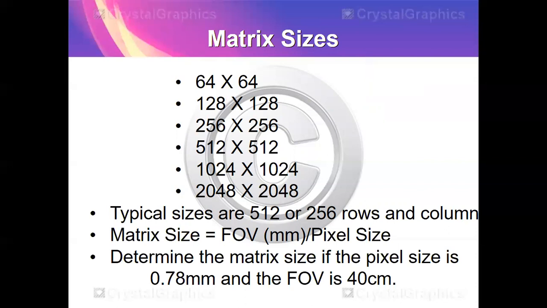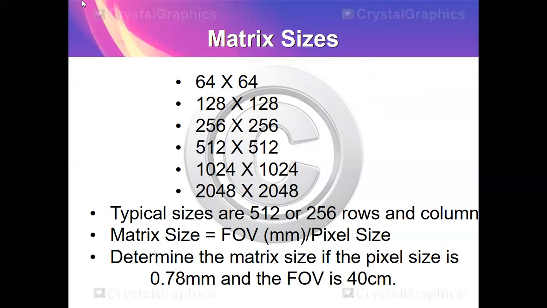In medical imaging and in other imaging modalities, there are different matrix sizes used in the computer. We have 64 by 64, 128 by 128, up to 2048 by 2048.